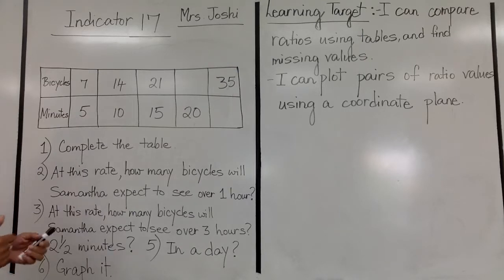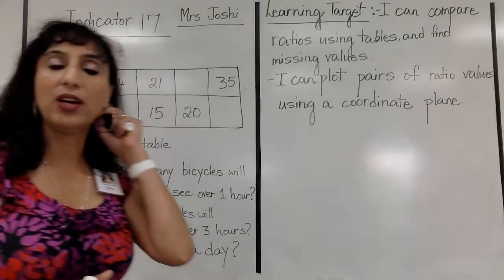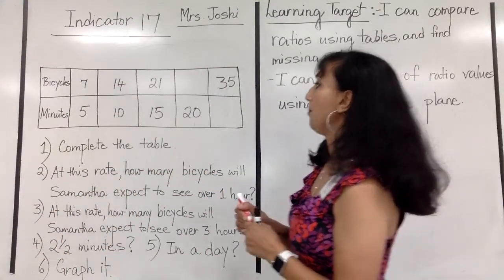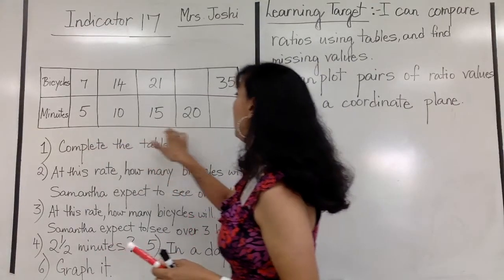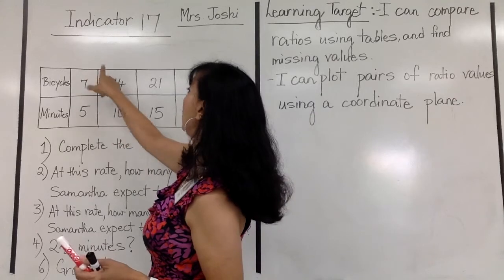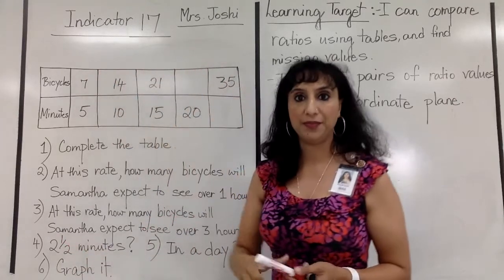I can see there's a pattern going on in this table. The minutes are increasing by 5, and the bicycles are increasing by 7.